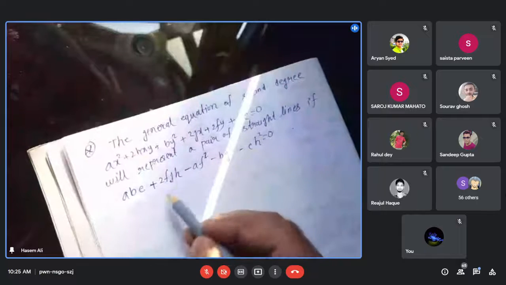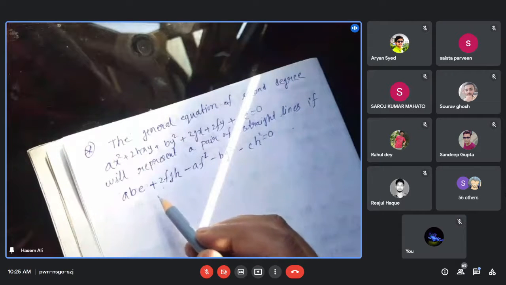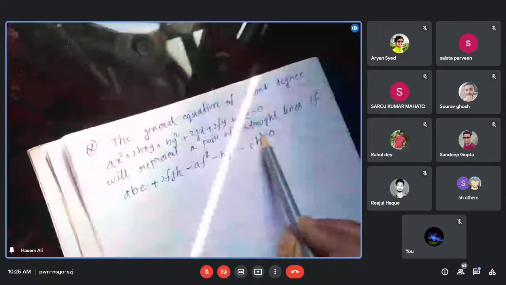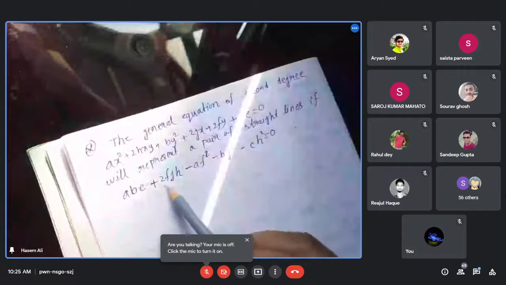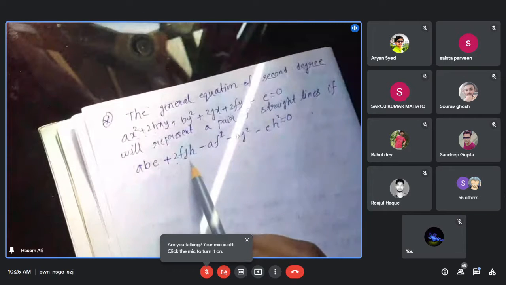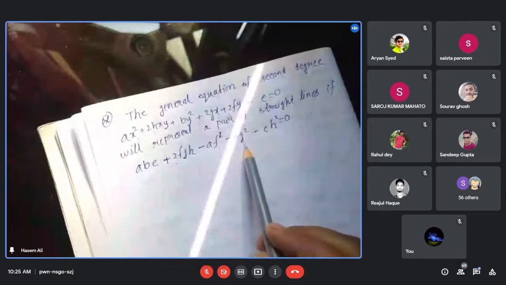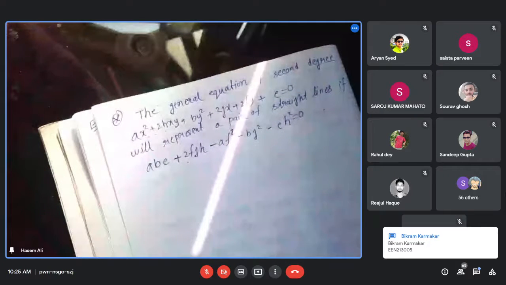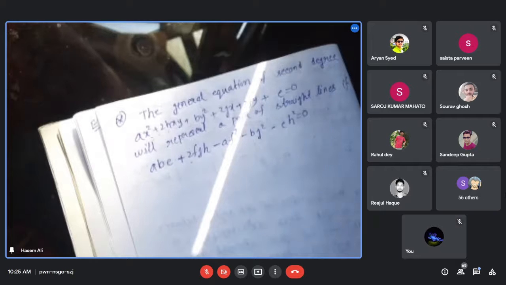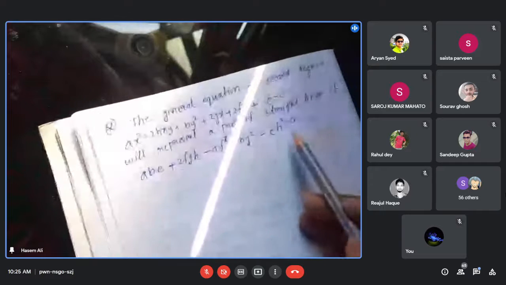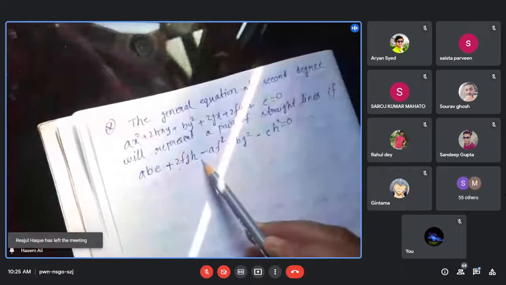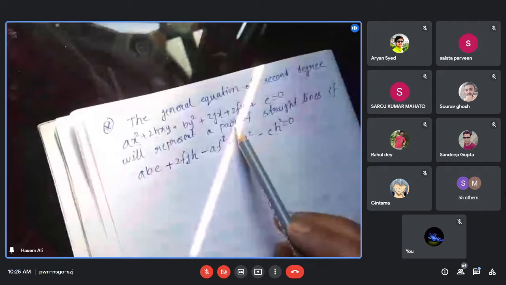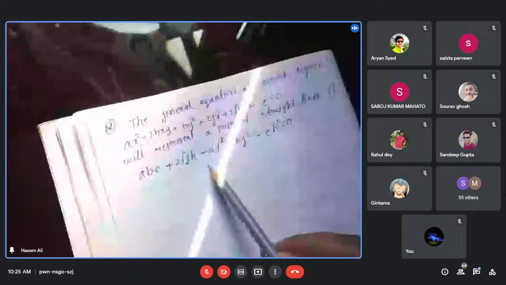I'm just writing the condition. The proof is omitted. This is the necessary and sufficient condition. That means if this condition holds, then this equation will represent a pair of straight lines, and vice versa. If this represents a pair of straight lines, then this condition holds.